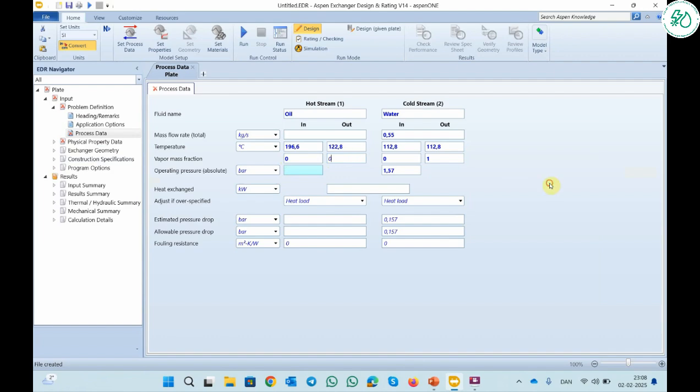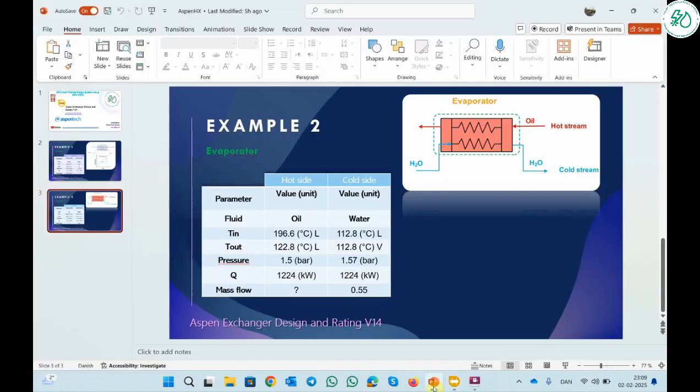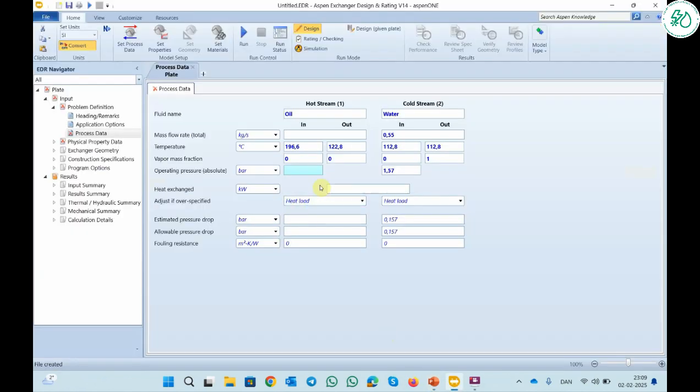The amount of heat transfer exchange between two streams is about this value. Also, the operating pressure for the hot stream is about 1.5. Okay, everything seems okay.